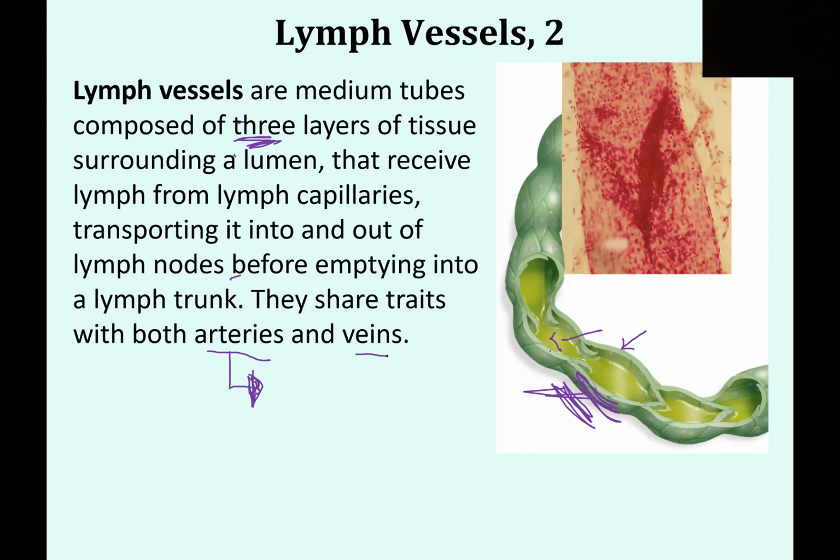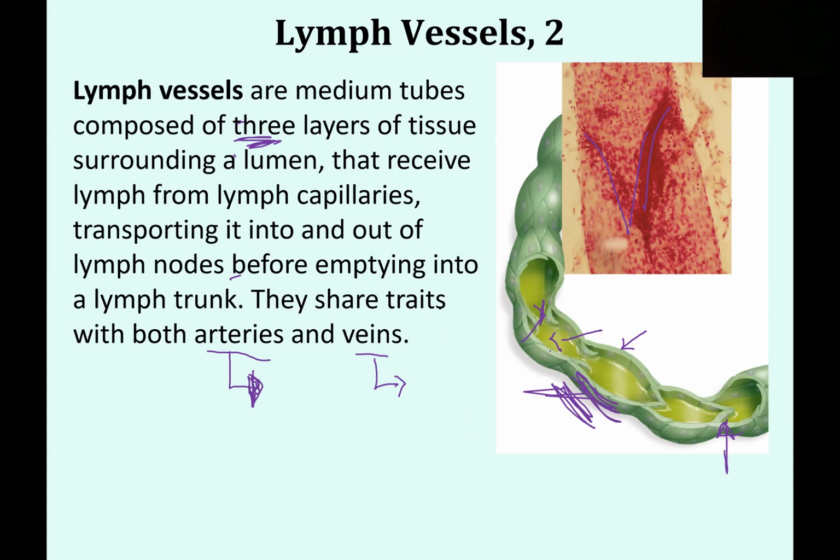And then with veins, they have these semilunar valves. Again, they work by pressure. When the pressure is high, the valve opens. When the pressure drops, the valve closes. So that's the feature they share with veins.